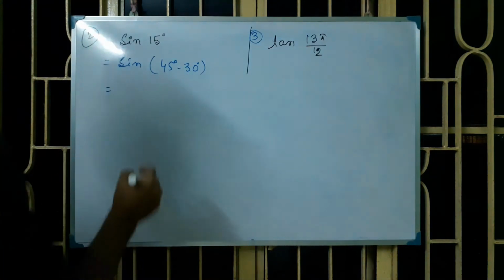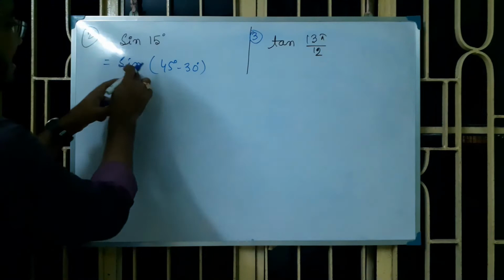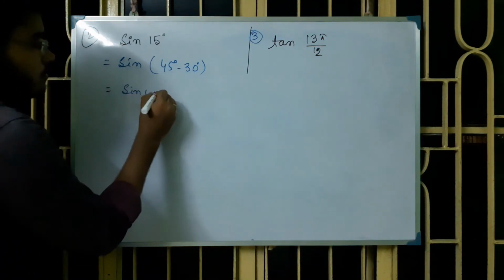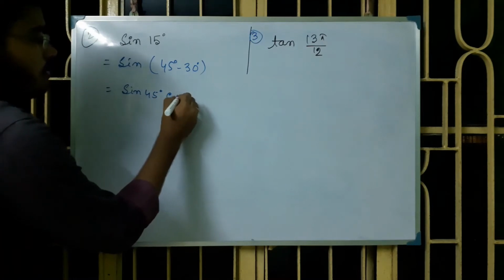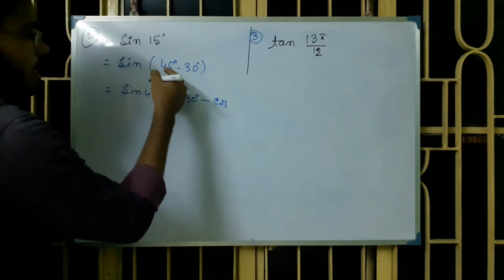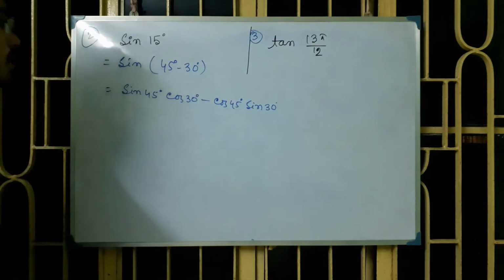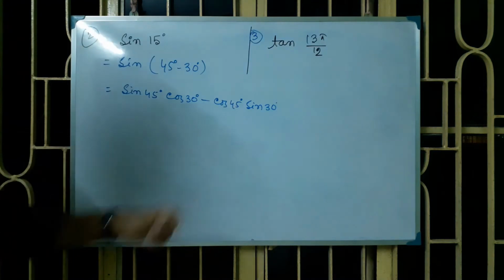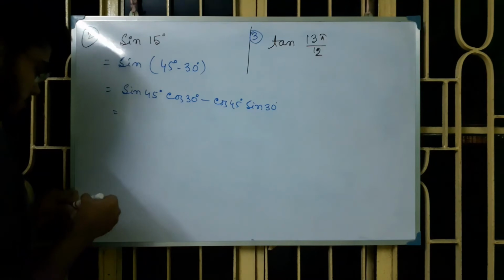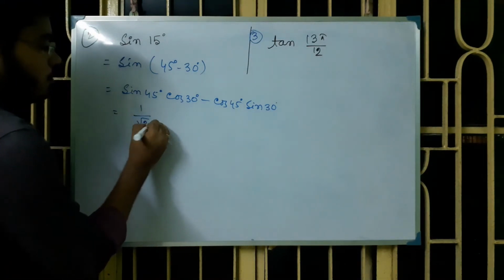Use those angles. Now remember the formula. What is the formula? Sine of A minus B means sine A cos B minus cos A sine B. So sine 45 cos 30 minus cos 45 sine 30. What is sine 45? 1 upon root 2.